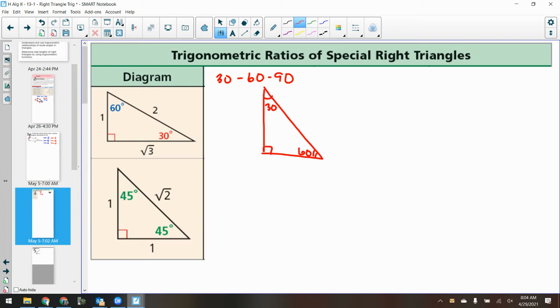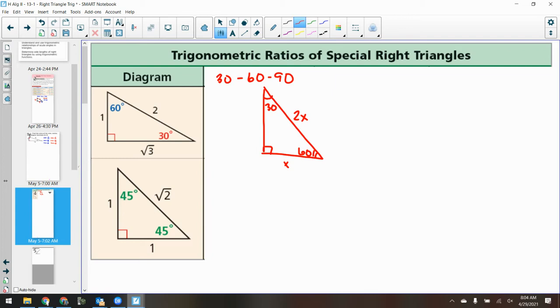If I call the short side x, then the hypotenuse is 2 times whatever that thing is. So if the short side is 10, the hypotenuse is 20. If the short side is 7, the hypotenuse is 14. If the short side is 2, the hypotenuse is 4.